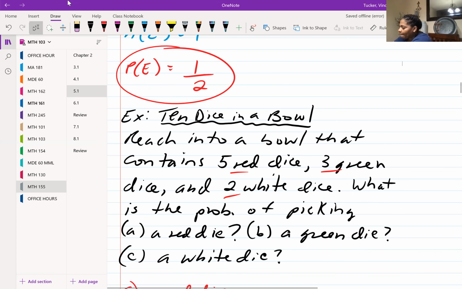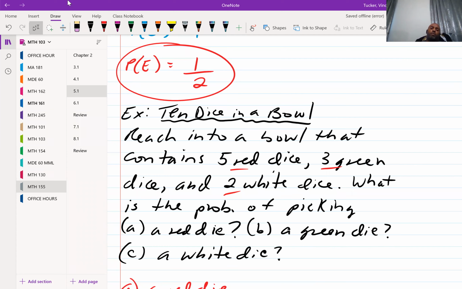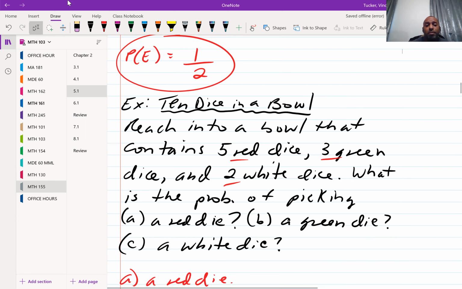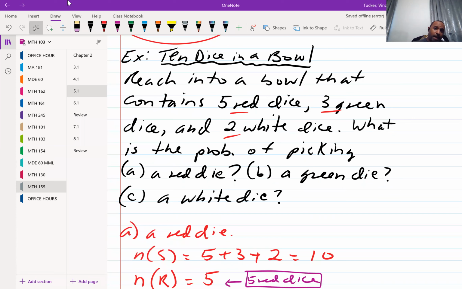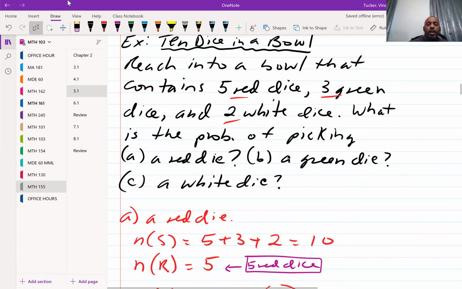All right, scrolling up some. So we want to see the probability of picking a red die. Remember, the first thing we want to do whenever dealing with probability is to establish our sample space. We have 5 red dice, 3 green dice, 2 white dice. We can add those together and we have 10 dice all together.